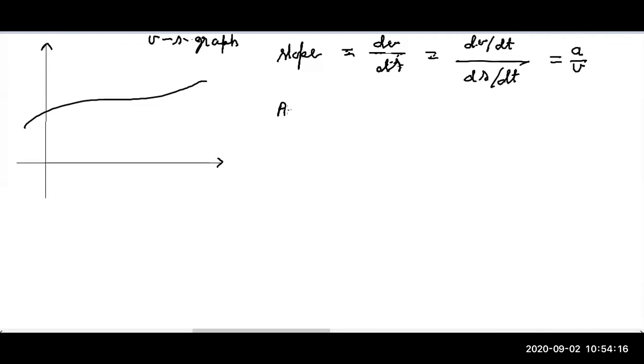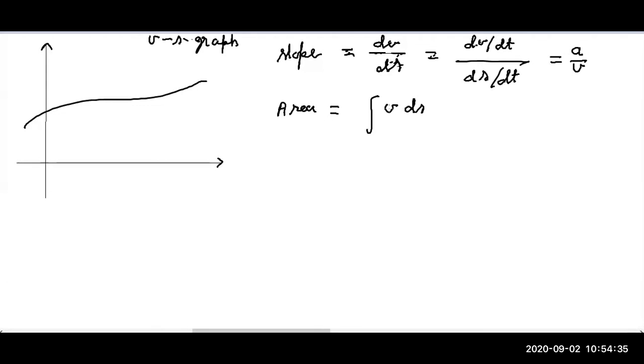Then the area, you can write as V ds. So V ds is not going to give anything. It is only V ds, and this is not any other significant quantity. So this is the meaning of the VS graph.